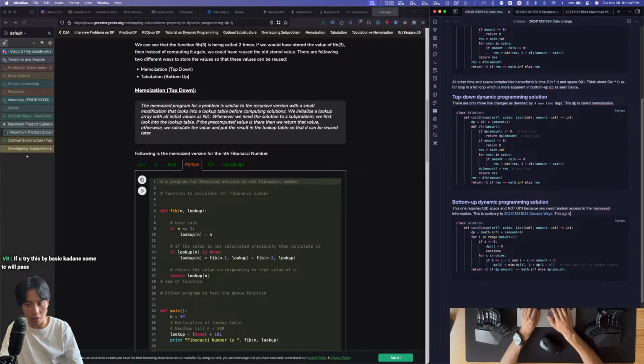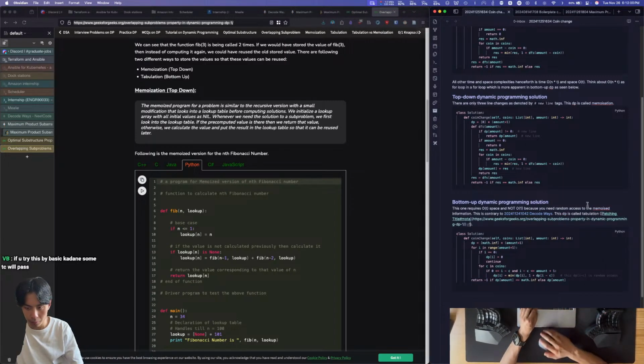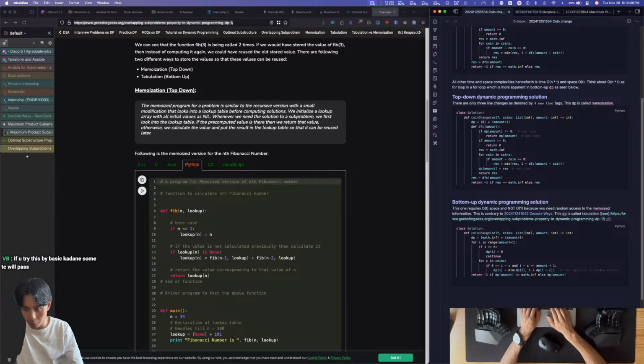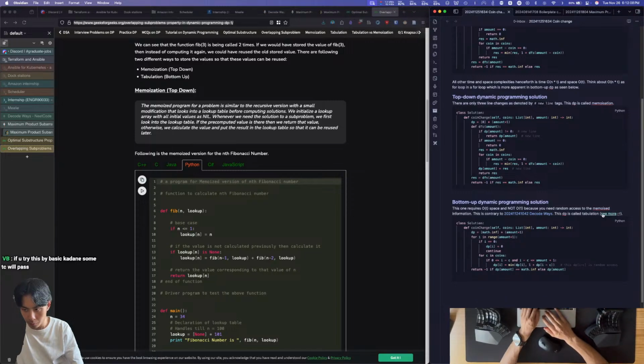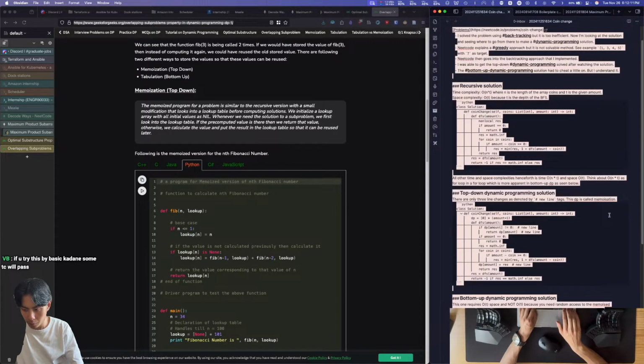This DP is called tabulation. See more. Whoops.